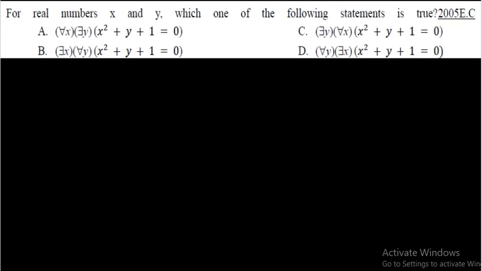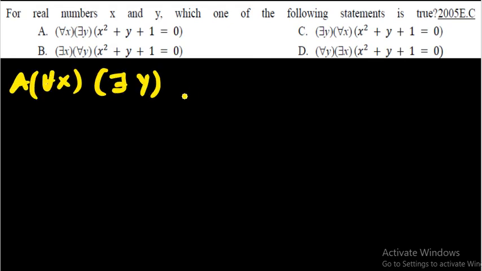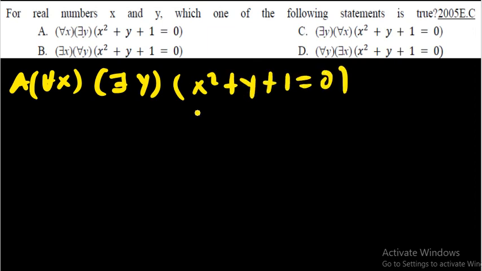The next one says, for real numbers x and y, which one of the following statements is true? Our domain is the real numbers. Choice A: for all x, there exists y, x squared plus y plus 1 is equal to 0. What does this mean? You can take any real number x.